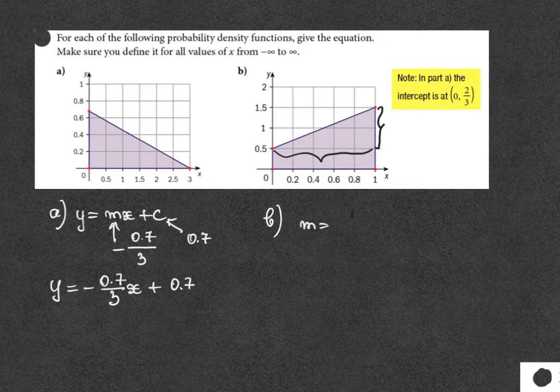We need to look also at the unit on the y-axis, 1 over 1, and the unit on the x-axis, that's 1. It's a positive gradient. The y-intercept is 0.5. Therefore, the equation of the line is y equals x, 1x or x plus 0.5.